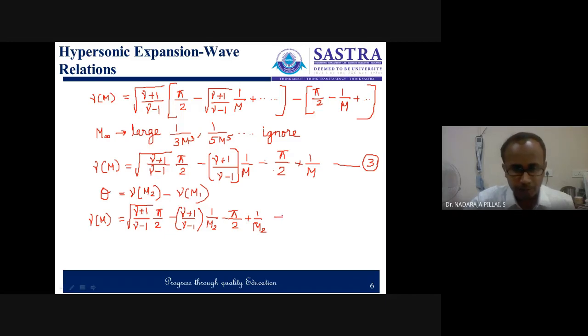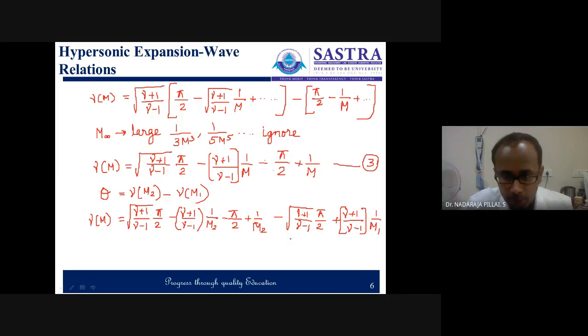Minus root of gamma plus 1 by gamma minus 1 into pi by 2. The minus and minus become plus, hence it becomes gamma plus 1 by gamma minus 1 into 1 by m1, and the minus and minus become plus, pi by 2 minus 1 by m1.